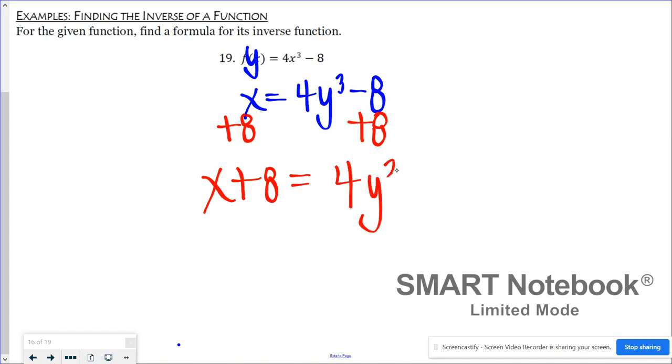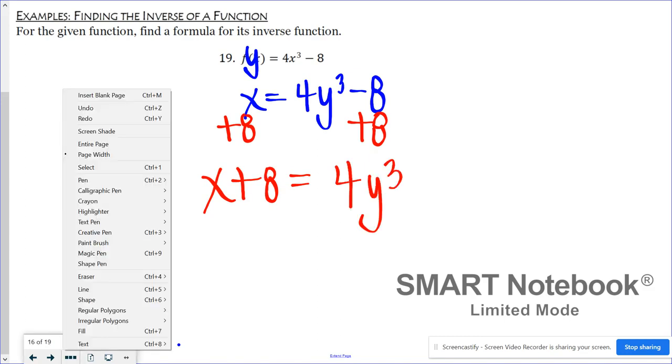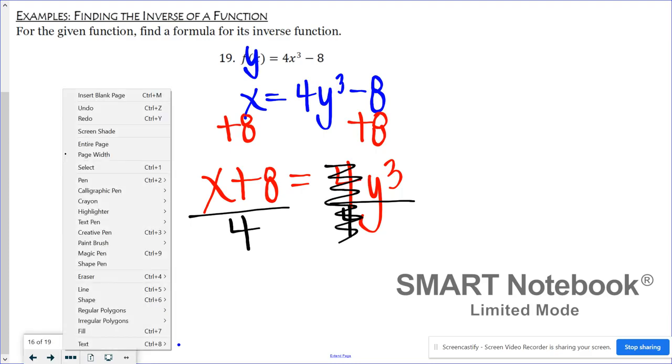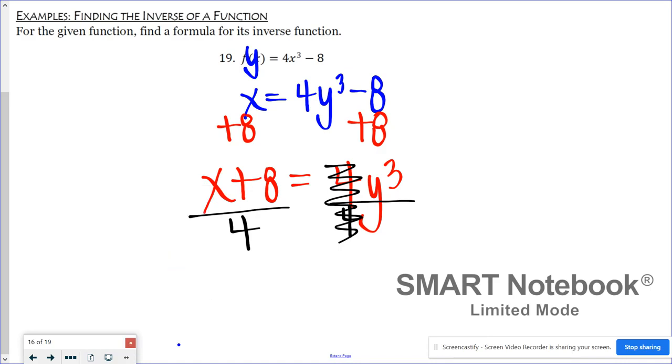All right. So keeping in mind, my goal is to get y by itself. The next thing I would need to do is divide both sides by 4. So that means the 4s would cancel. And then to get the y finally all by itself, I would have to undo the cubing of it, so raising it to the 3rd power.